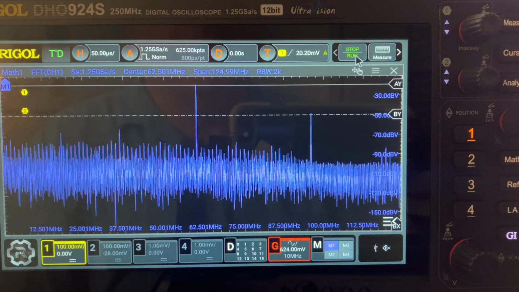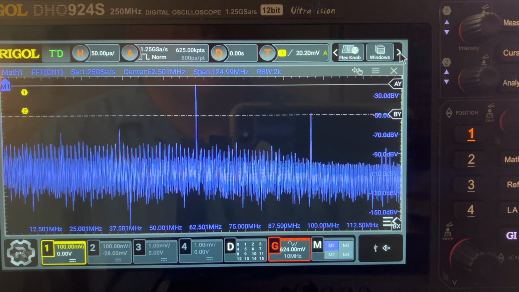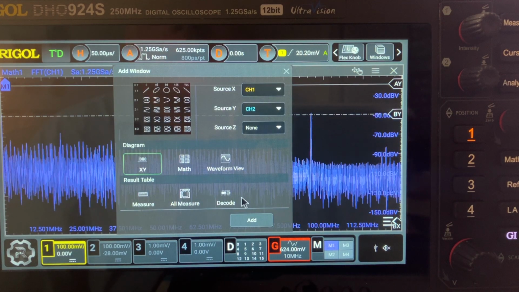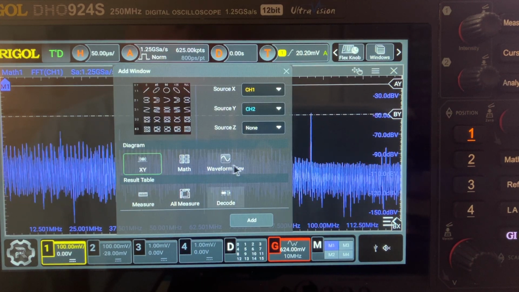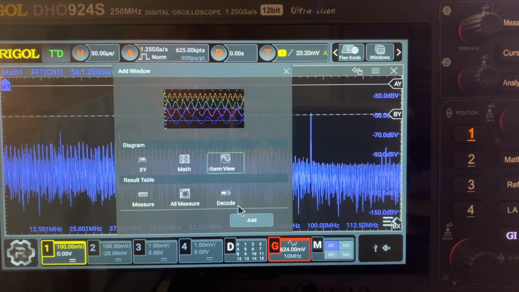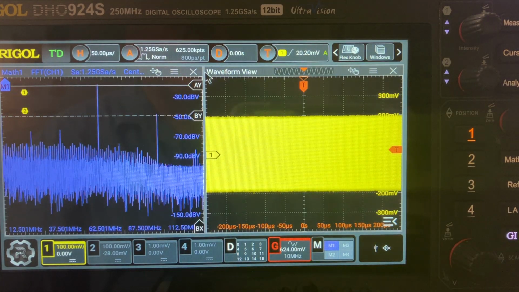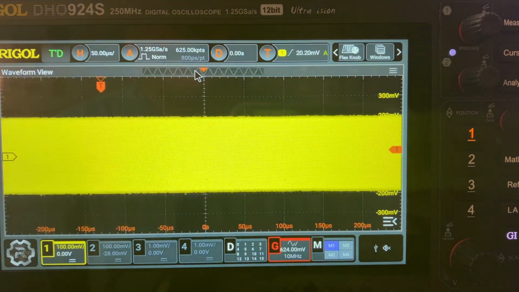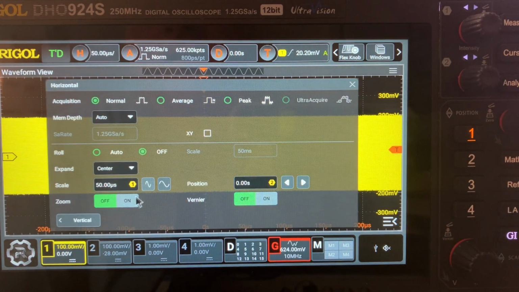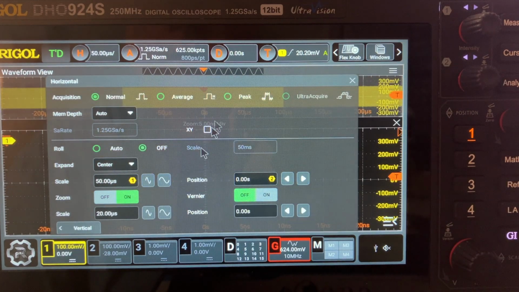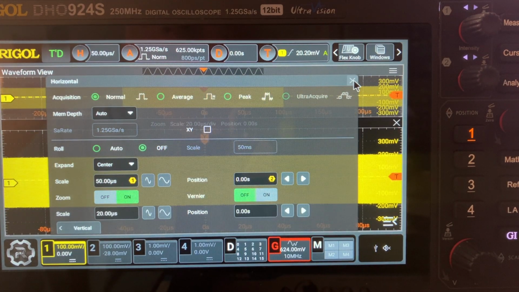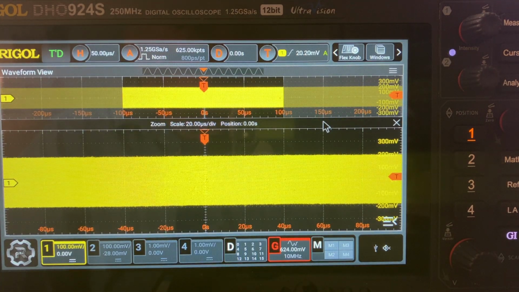Let's look at the wave. Let's put everything there. Waveform view, add to display. Let's get rid of this and activate the zoom. So I could look at the zoom this way.